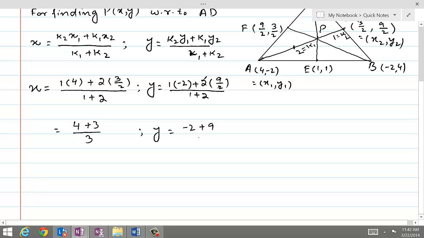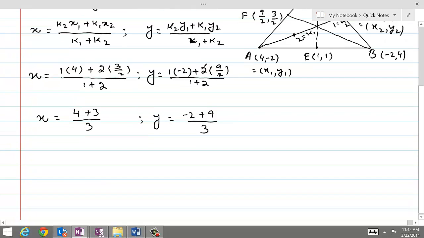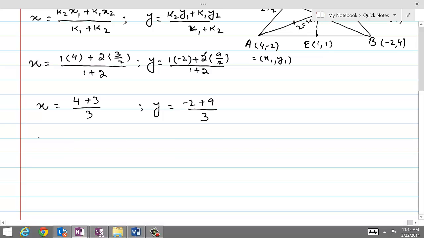Minus 2 plus 9 divided by 3, and here x is equal to 4 plus 3 divided by 3. So both x and y, x is equal to 7 over 3 and y is also equal to 7 over 3.